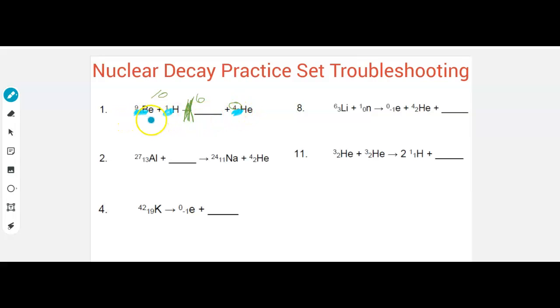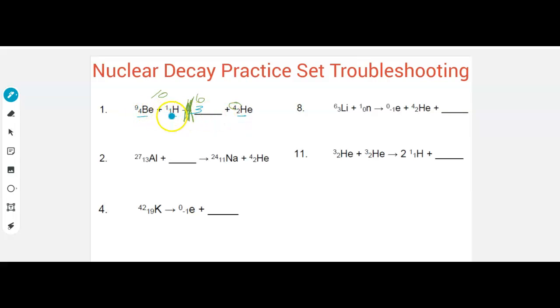So I want to figure out, what do I add to 2 so that it equals 5 on the left-hand side? Again, on the left, I've got 4 plus 1 is 5. On the right, I have 2. So to fill in the blank, I have to have 3. 3 plus 2 is 5.